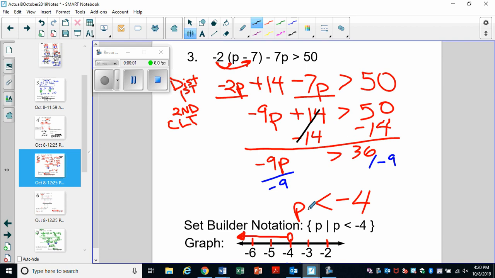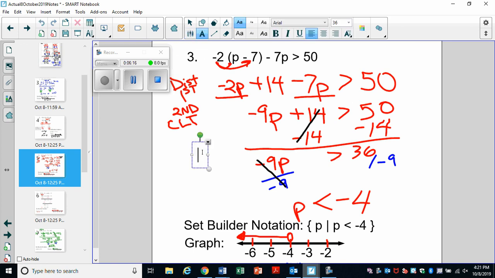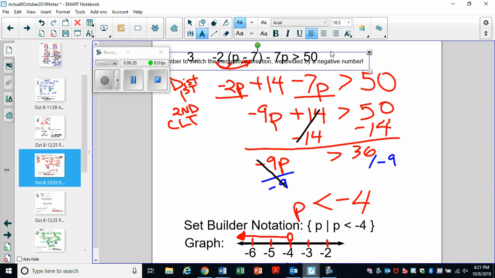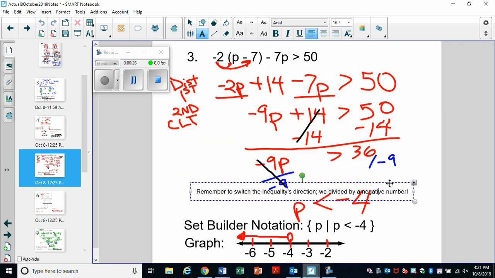So as a result, the negative 9s, we divide, cancel. 36 divided by negative 9 gives us negative 4. And again, we do need to switch the inequality because we divided by a negative number. And again, I am including that.